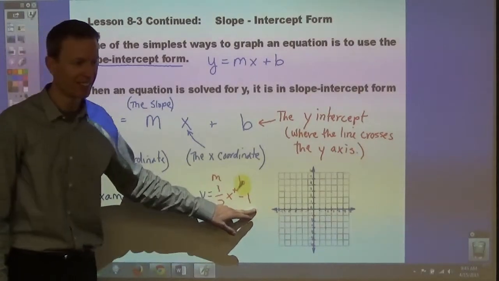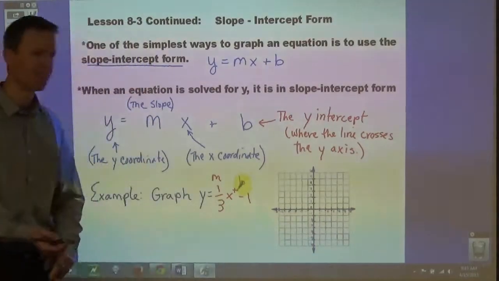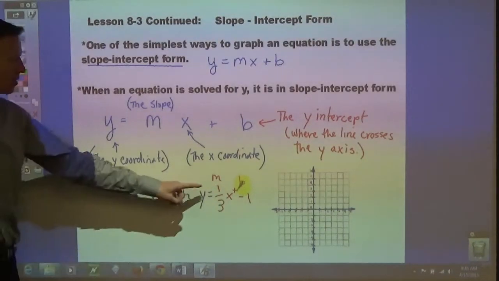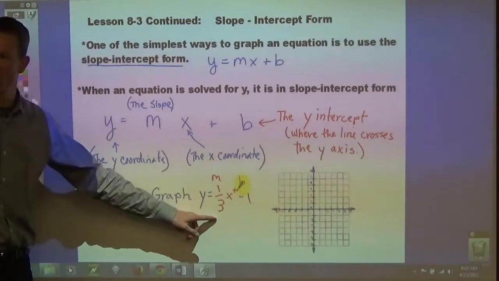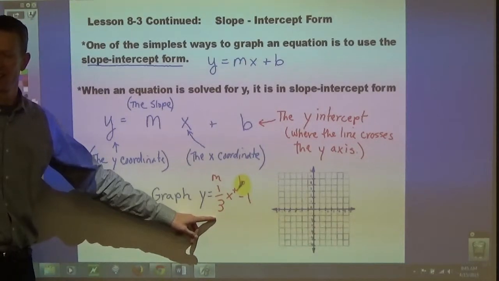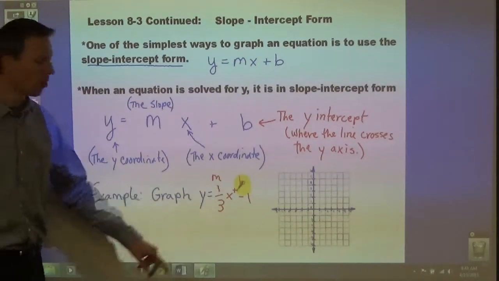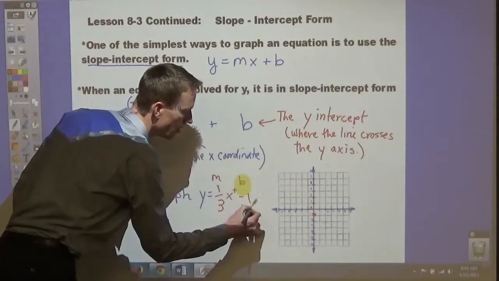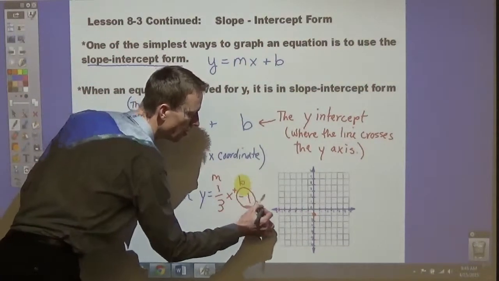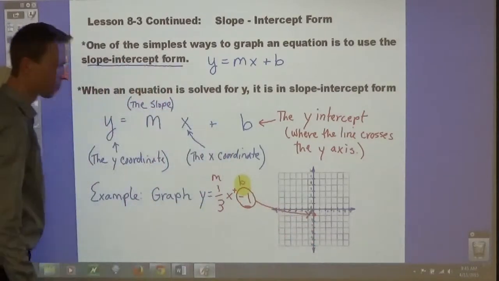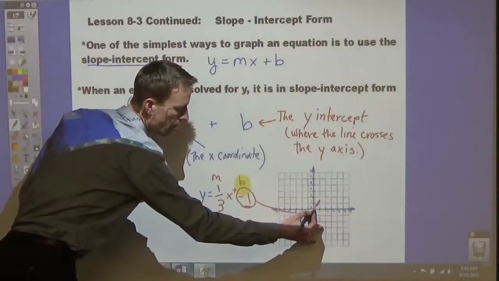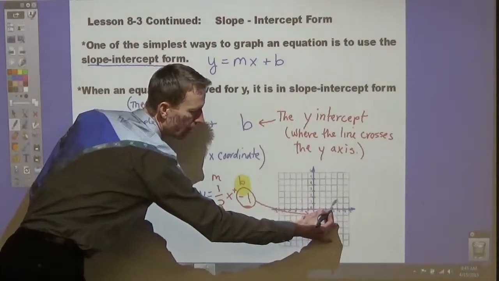Dylan? Now mark the slope. The slope is +1/3. So from -1, this is the y-intercept. So I put this right there. And now I'm going to go up 1, right 3.